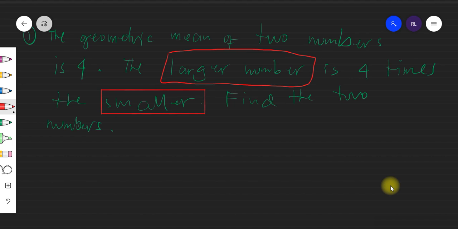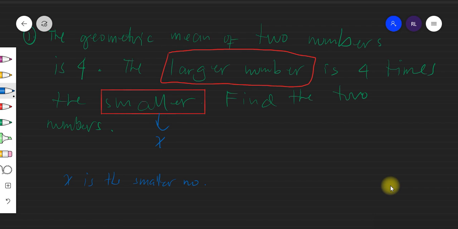What we're going to do is let this be represented by a letter or a variable. So we say that our smaller is x. So x is the smaller number. How about our larger number? How can we represent that with a variable?